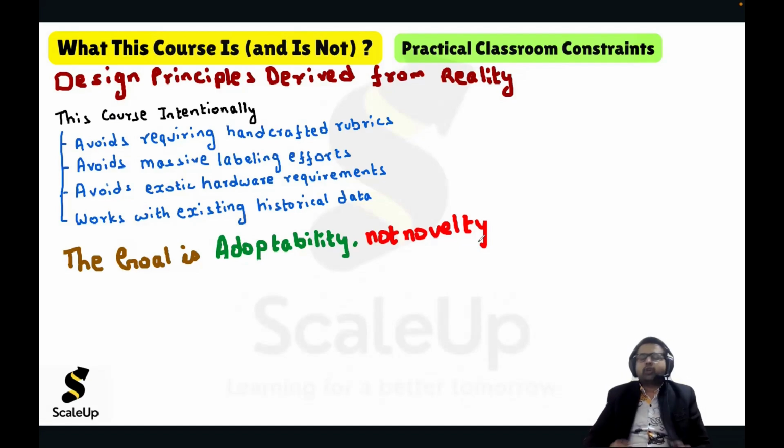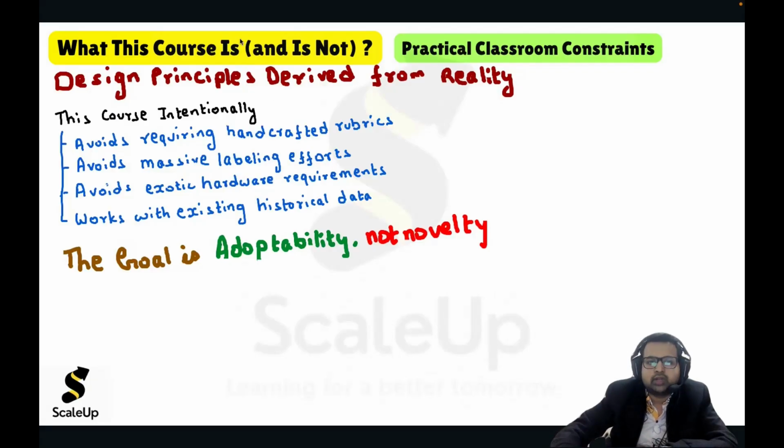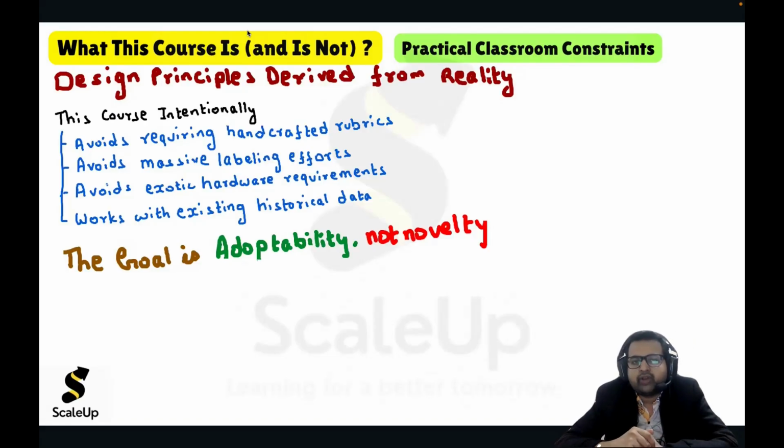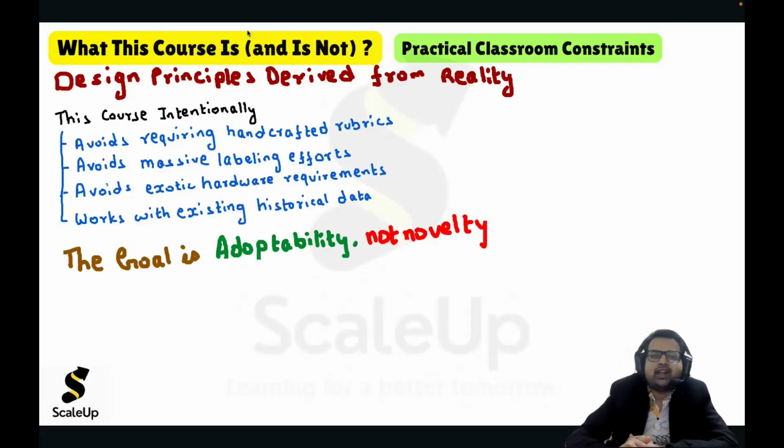Rather, we will be focused on building an AI grading system which is more realistic and adaptable, one that can fit the real world classroom setting. That's the main objective. That's the design principle we are talking about. So the design principles for our AI grading system are derived from reality.